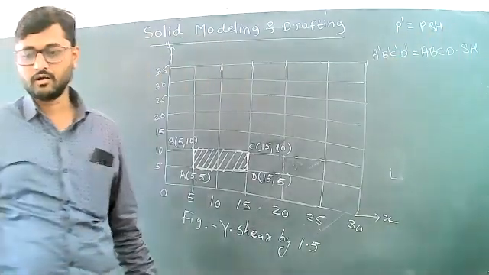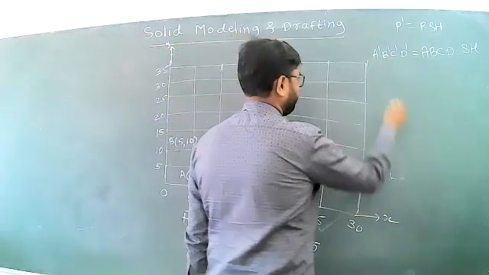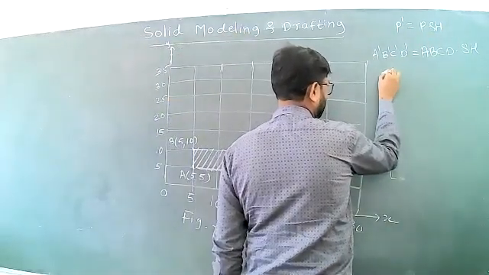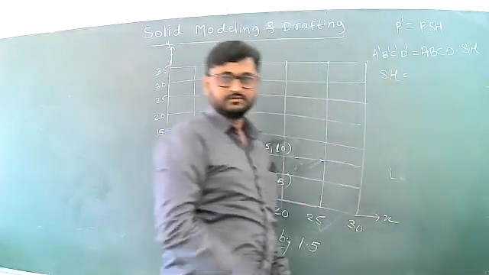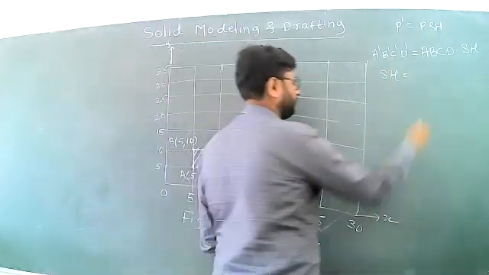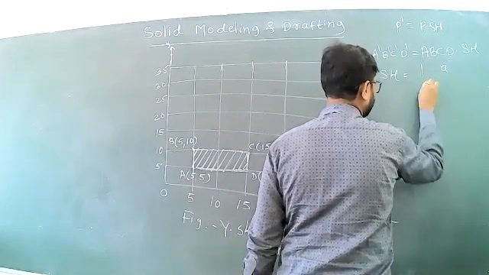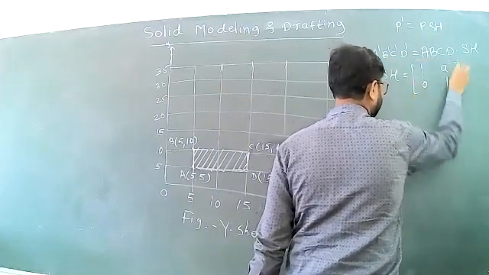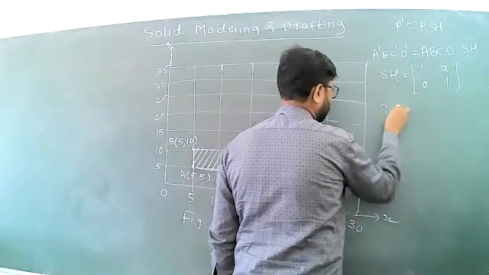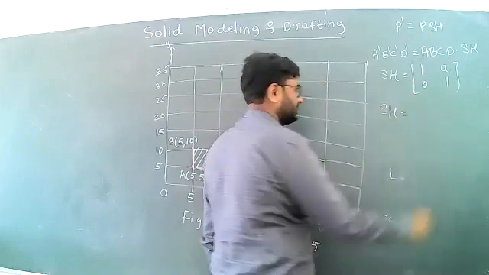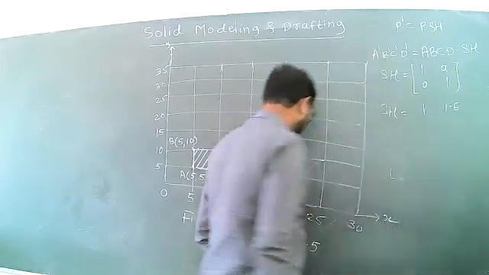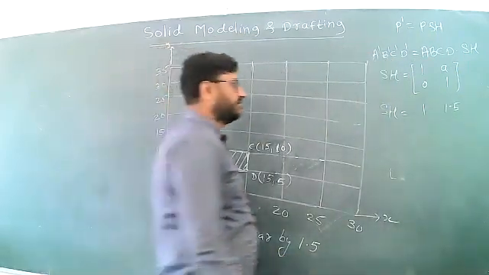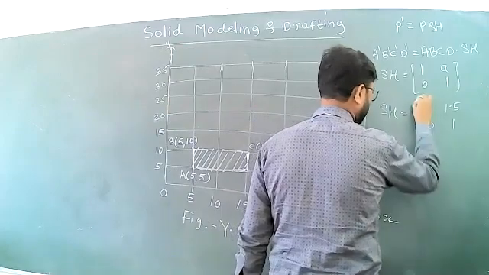That is how to consider shear along the y direction. The shear matrix is the standard form 1, a, 0, 1, where the amount of shear is given as 1.5.